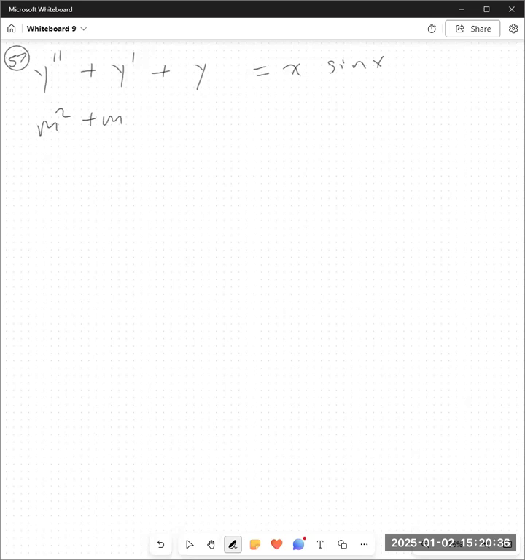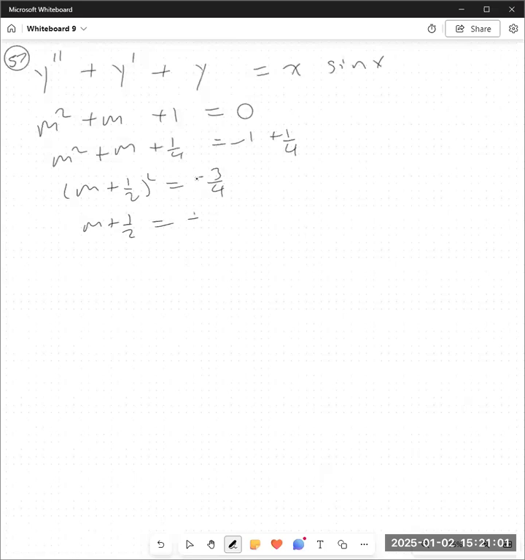Squared plus m plus 1 equals 0. So m squared plus m equals negative 1. Then adding a quarter to both sides gives us m plus a half squared equals negative 3/4. M plus a half equals plus or minus root 3 over 2 times i.